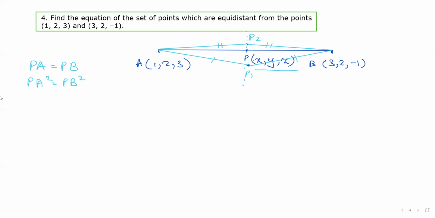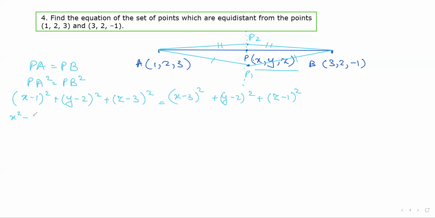Now PA is equal to root of x2 minus x1 whole square plus y2 minus y1 whole square plus z2 minus z1 whole square. Now if you take the square, you're getting rid of the root part. So you're left with x minus 1 whole square plus y minus 2 whole square plus z minus 3 whole square is equal to PB, x minus 3 whole square plus y minus 2 whole square plus z minus 1 whole square.